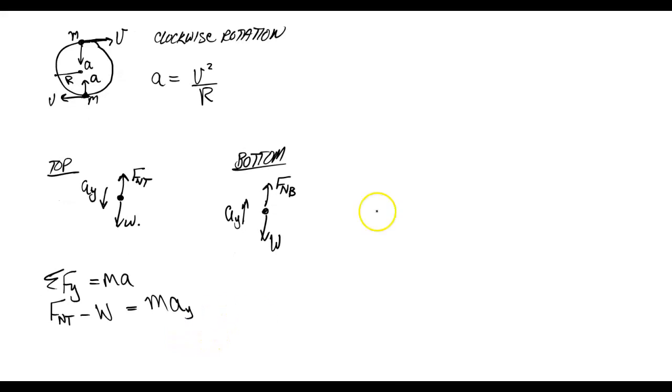And if you recall from the top part, the y acceleration is negative, so this is going to be normal force minus the weight, which is mg, equals minus m times v squared over r.